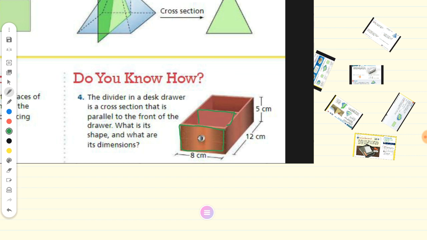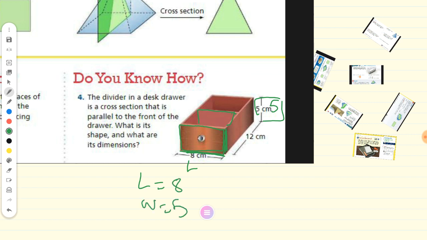What is its shape? What do you think about its shape? I think it will take this length. Yes, this is its length because it will be the same as the front shape, since it's parallel to it. So its length is 8 and its width, which is the height here, is 5.